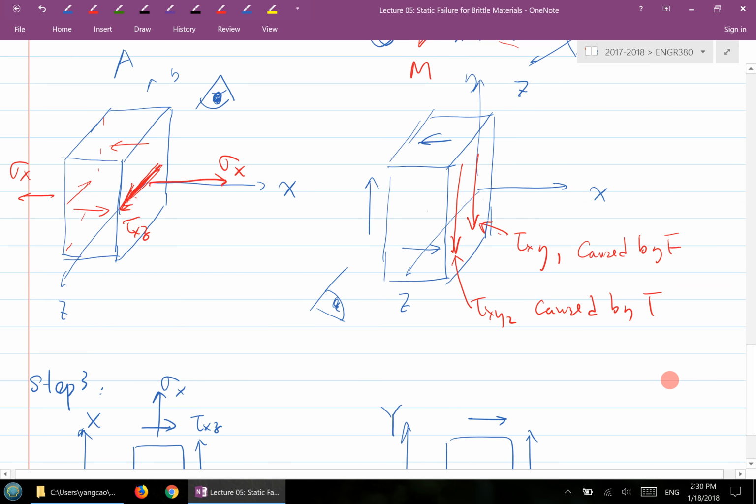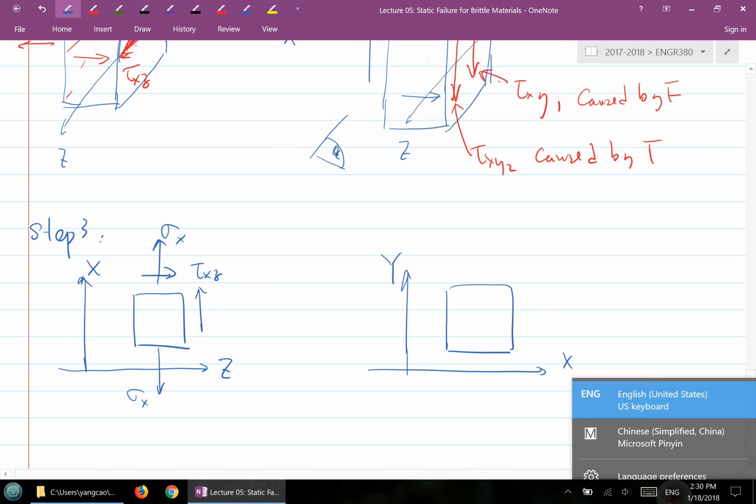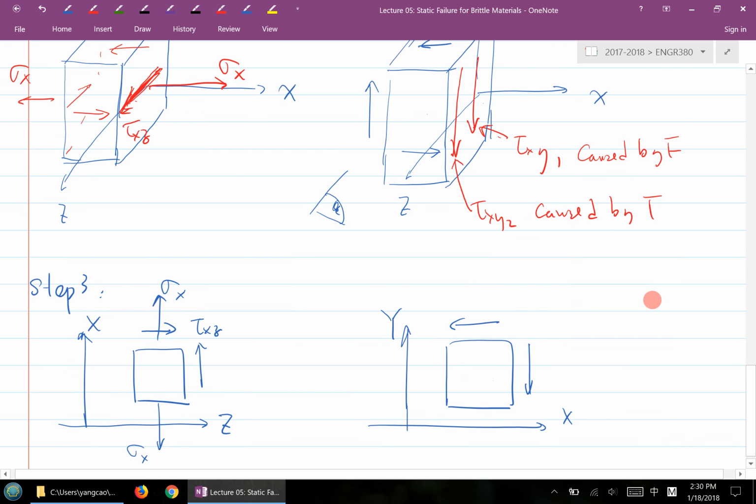Actually, looking from the front, sorry, wrong direction. And this, let's call it tau, and in this case is equal to tau xy1 plus tau xy2. There are two shear stresses pointing in the same direction.